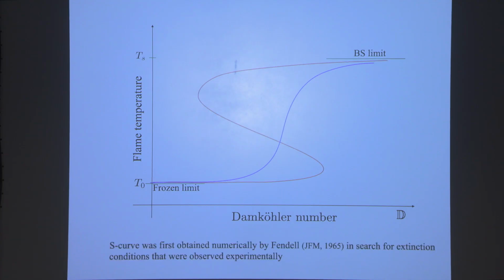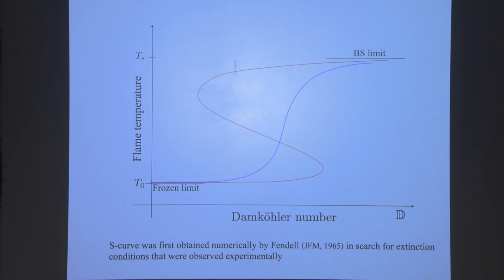The asymptotic, in fact, gives you the turning of this part. I did not discuss the turning of this part, but in principle it can be discussed. What needs to be done is to extend the frozen limit to a very weak burning, and the weak burning keeps on increasing as you increase the Damköhler number.